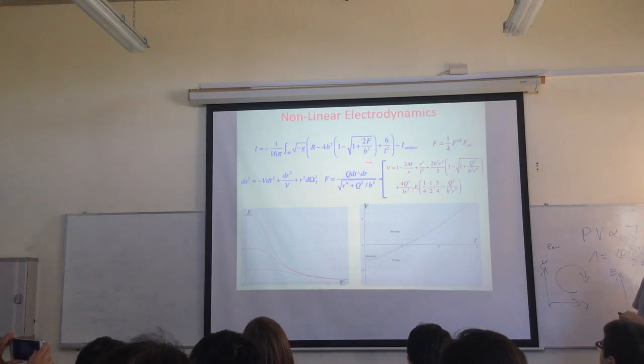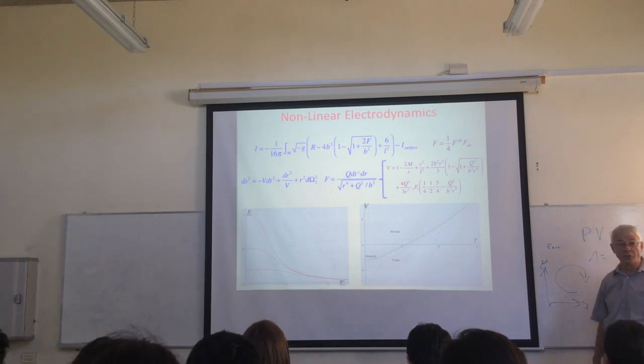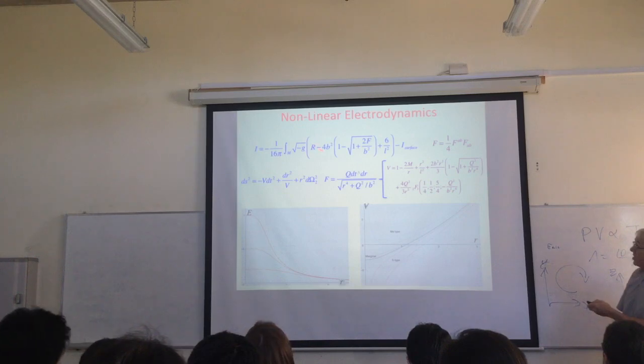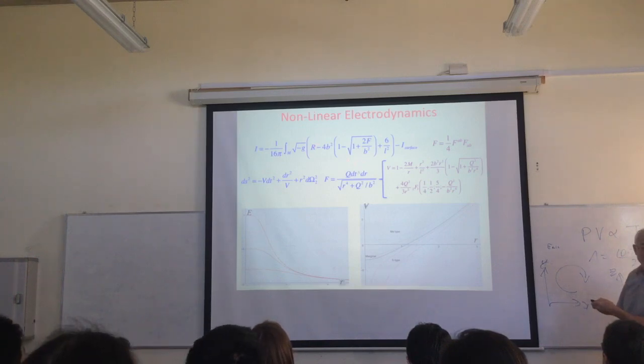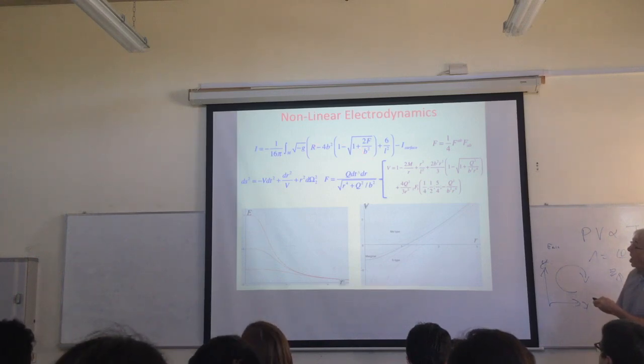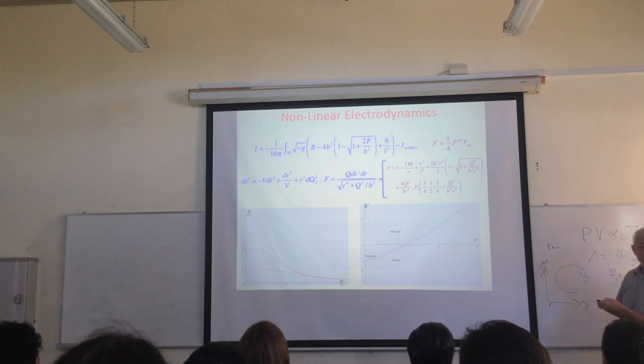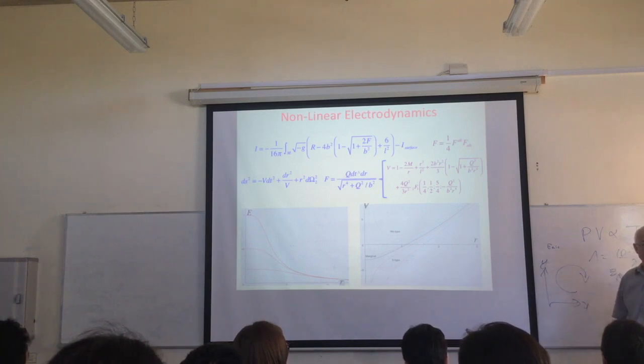A textbook one is called the Born-Infeld Lagrangian, which is given by this. You have a new coupling constant B. If B is large and you expand this, the leading term is Maxwell. But you get multiple powers of the square of the Maxwell field strength.